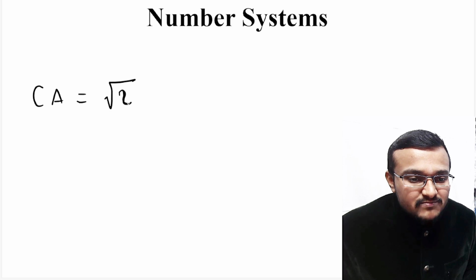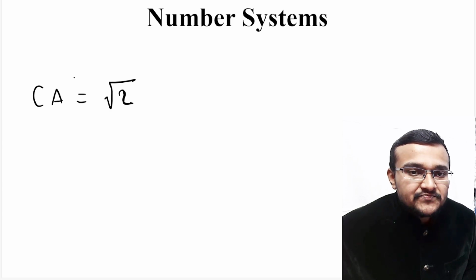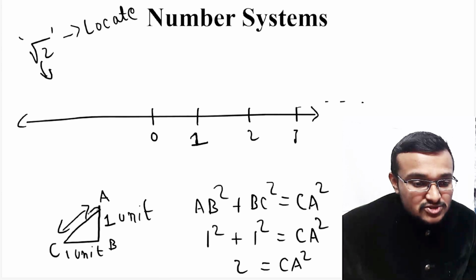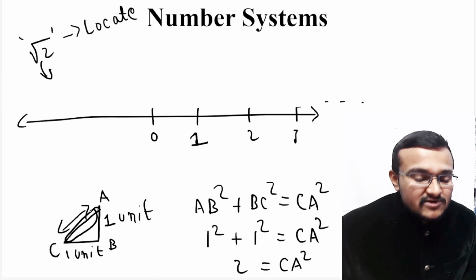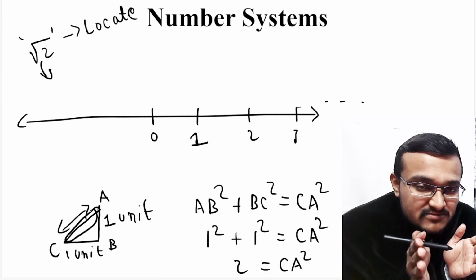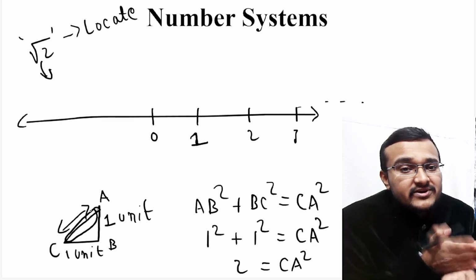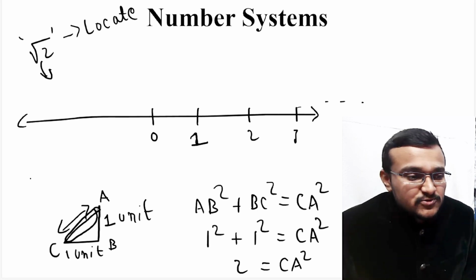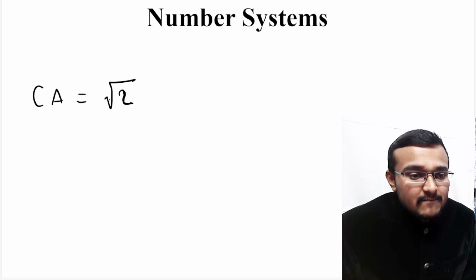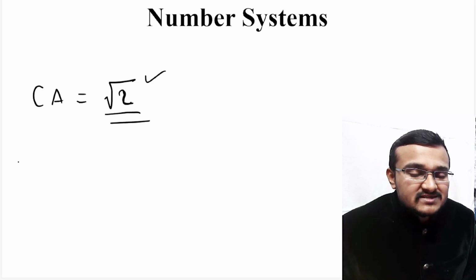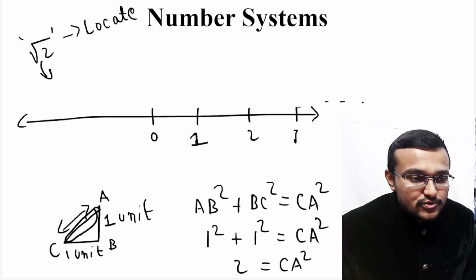We are only considering the positive value of CA because we are considering the length of this triangle. Only the length of a figure is always a positive value. So that's why I am only considering plus root 2 for CA. So now you have the value for CA, that is root 2.